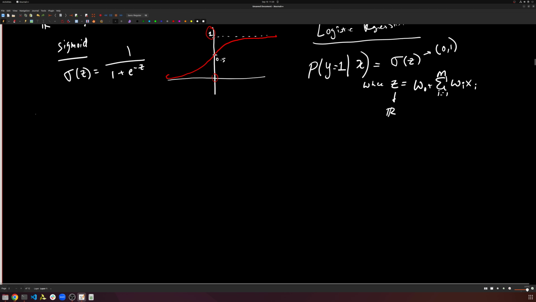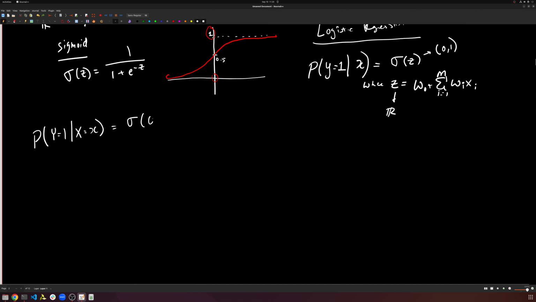So what we're going to do first is rewrite this. Instead of just the probability of y equals 1 given x, we can write this as the probability of y equals 1 given x equals x is equal to the sigmoid of w transpose x.